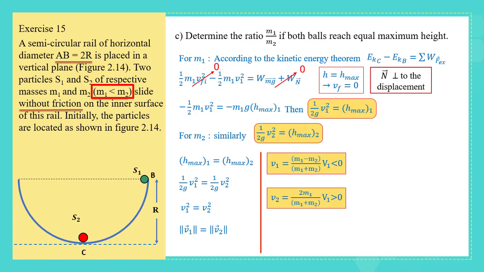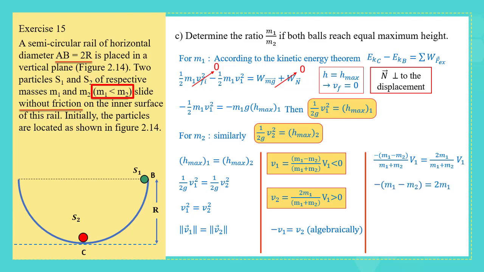Therefore, the equality should be written as minus v1, to be positive, equals v2, which is positive. Now replace the two expressions and make equality between them. Minus m1 minus m2 over m1 plus m2 times v1 before collision, which is minus v1, equals 2m1 over m1 plus m2 times v1 before collision.